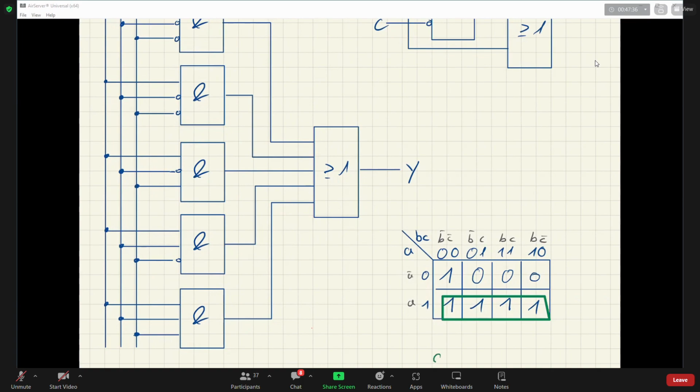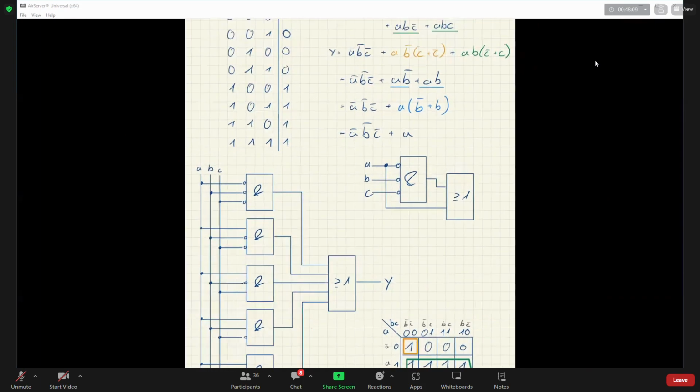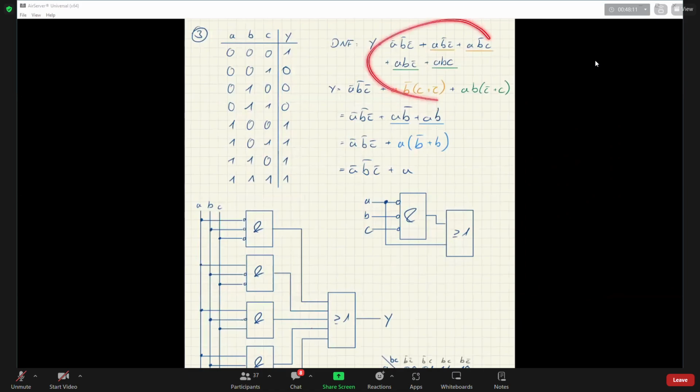So that's A. Or here we have A naught, B naught, C naught. And if you now compare the two forms, we have A or A naught, B naught, C naught, independent of whether you are using the K-map to simplify or simplifying the DNF.